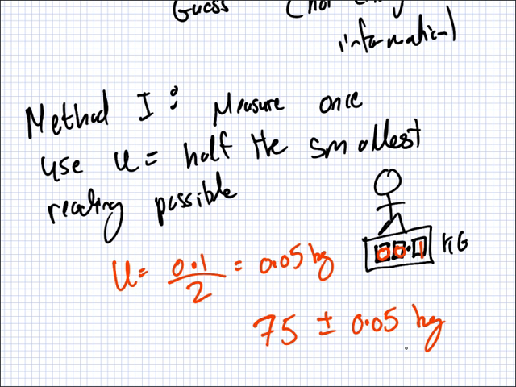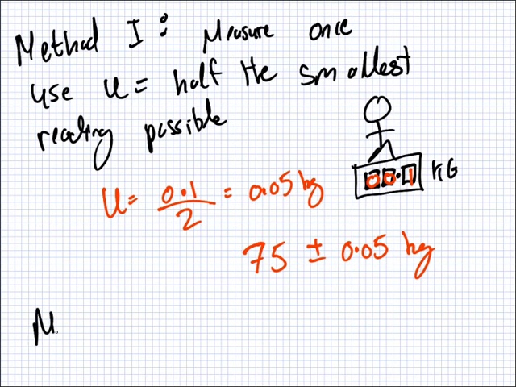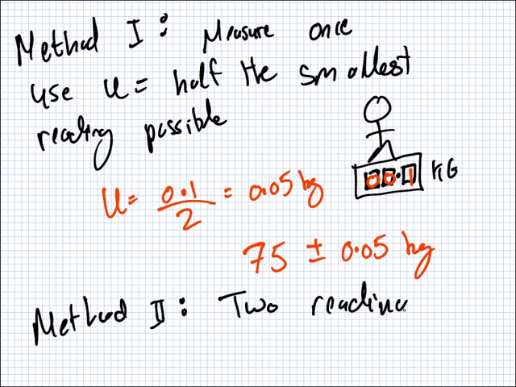That's method 1. Now, method 2 is better again. Method 2 is when you have 2 readings. You measure something twice.